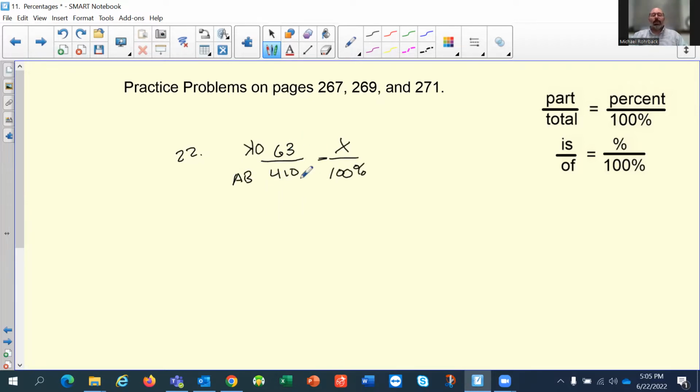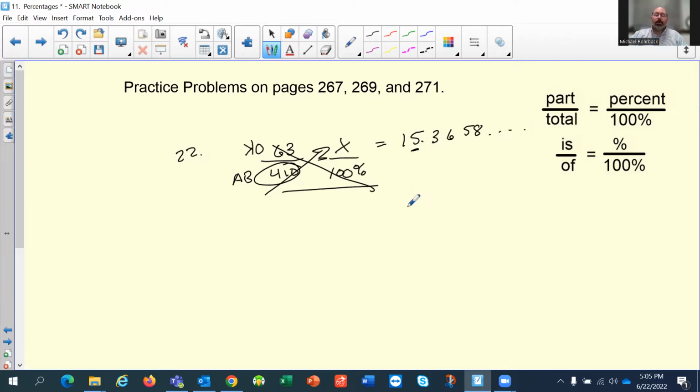So again, once you have it set up, there's just not a lot of thinking to do. You're just going to cross multiply, and then you're going to divide by the 410, and that gives you your answer. So 63 times 100 equals 6,300, 6,300 divided by 410. Now, I've got 15.3658 and a whole bunch of other digits, right?